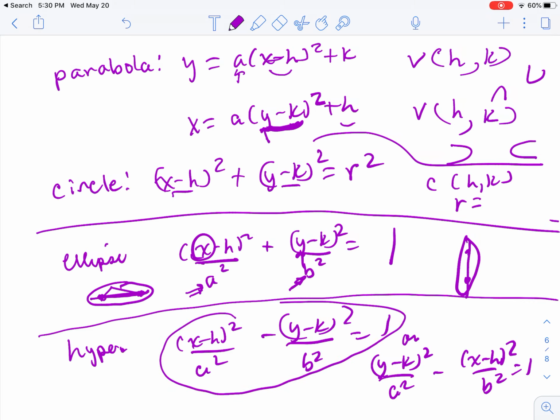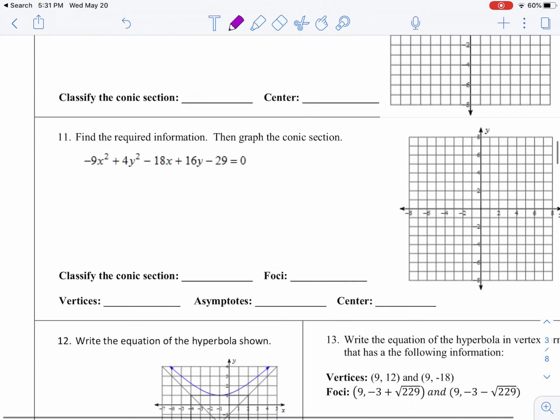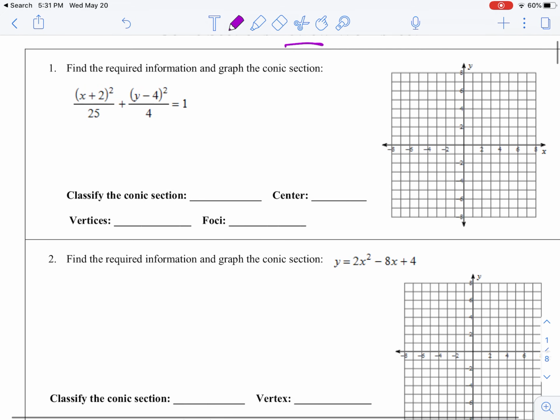But if x is in the front, your hyperbola will go sideways like this. If y is in the front, your hyperbola would be more vertical. Okay, so these are what you're required to do if you follow along with the worksheet that I've posted.